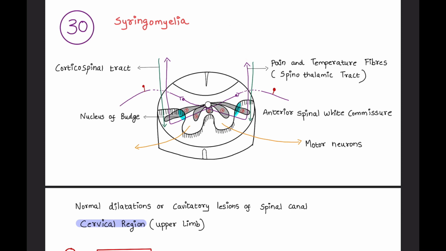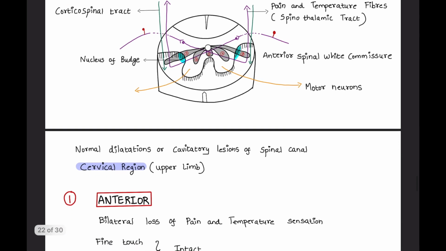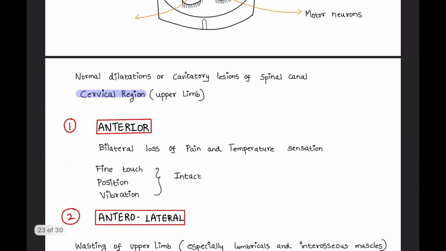This condition occurs commonly in the cervical region, so it dominantly involves the upper limbs. These dilatations may go anterior, lateral or anterolateral. So let us discuss what happens with the direction of the dilatations of the spinal canal.